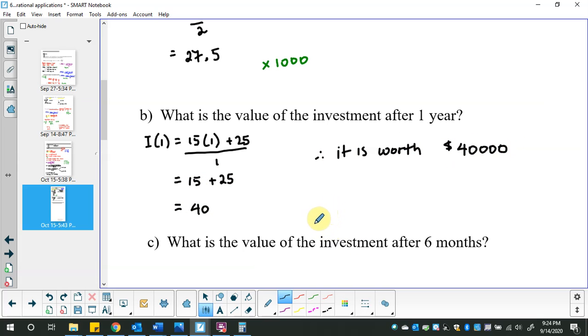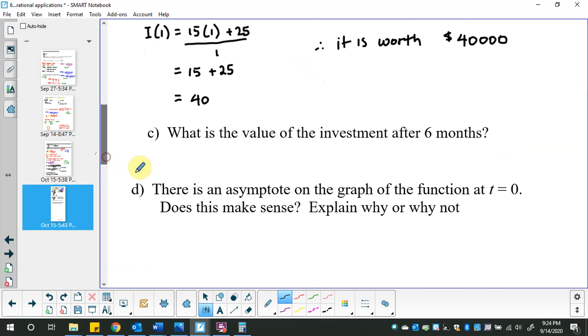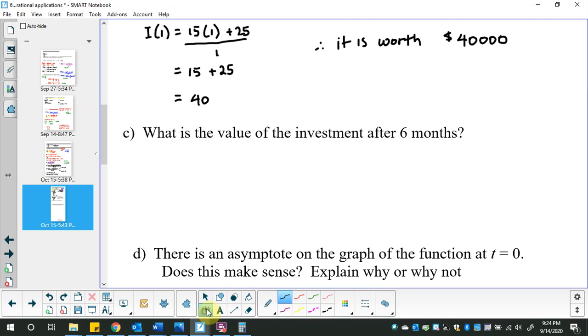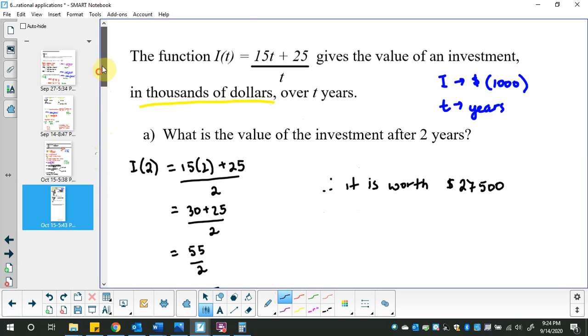Now, why would I have the same question again but give you a different number? The reason is because I want you to be aware of what you're doing. And if you are going on in math, you are going to have to be more and more aware. What I need you to not do is this. And the reason is because way up here in blue, I said that t is years.